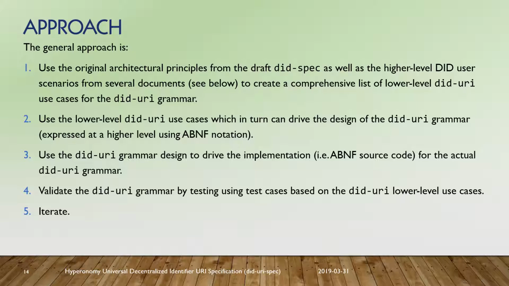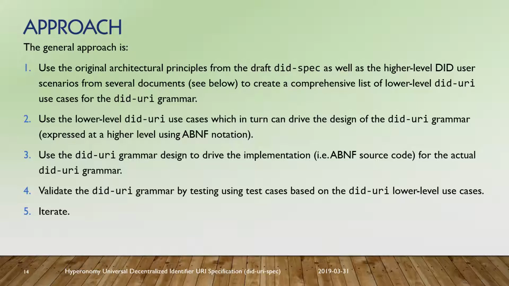It's really realizing that the ABNF source code, the ABNF notation for a did URL grammar is actually source code, and it's source code for an executable program. It's source code for an executable program that when it executes, it's able to read a string of tokens, i.e. a did : string.